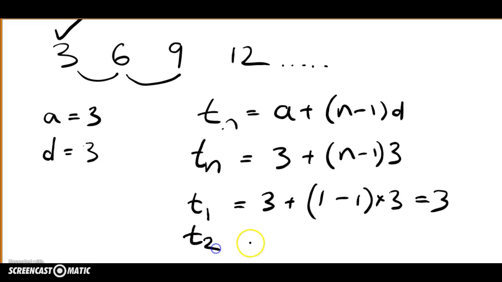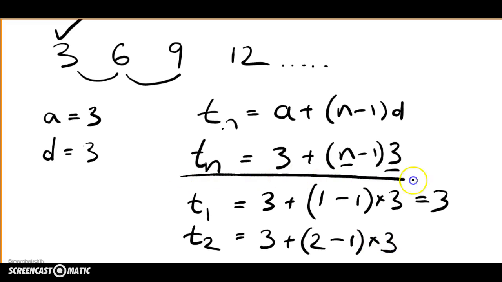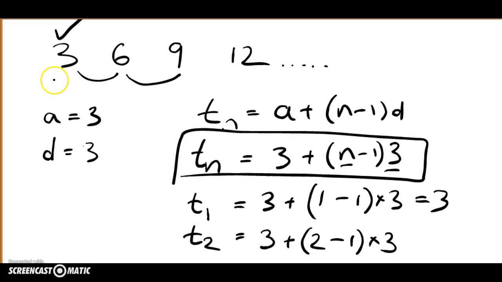Term number 2 is going to be 3 plus n is going to be 2, minus 1, and we're still timesing by 3 each time. This is my general equation for this sequence. What does that come to? 2 minus 1, that's 1. 1 times 3, that's 3. 3 plus 3, that's 6. And you can see there, we've got 2 out of 2.